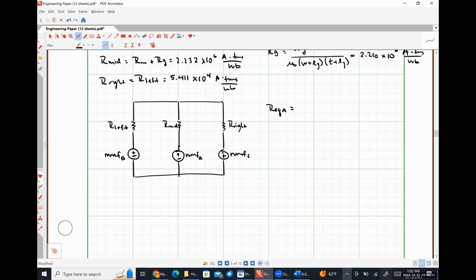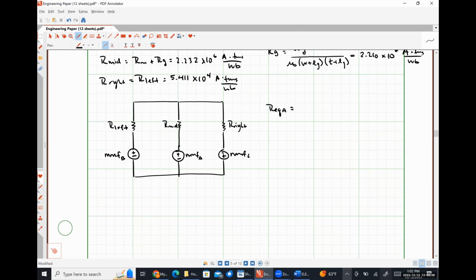So effectively, if we're finding the reluctance seen by A, we turn B and C off, so they look like short circuits. So what will we see? What's that? Which one's in parallel? All three? So just to be clear, A is the one in the middle.